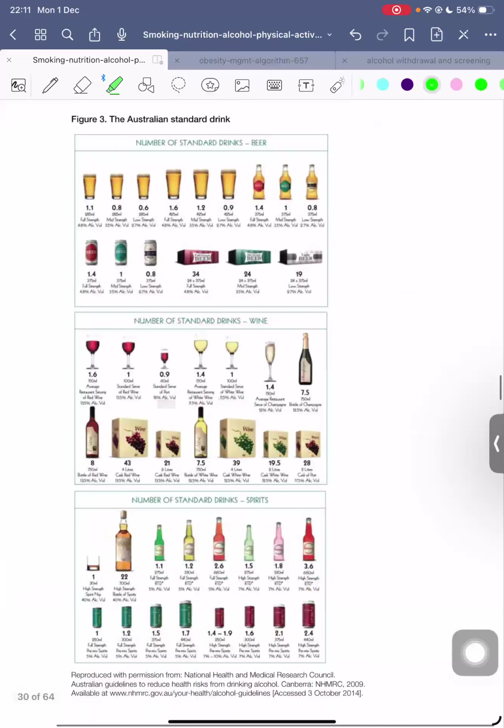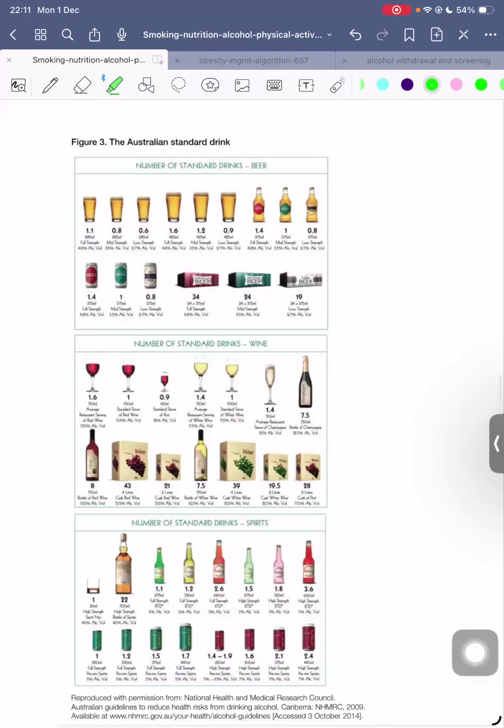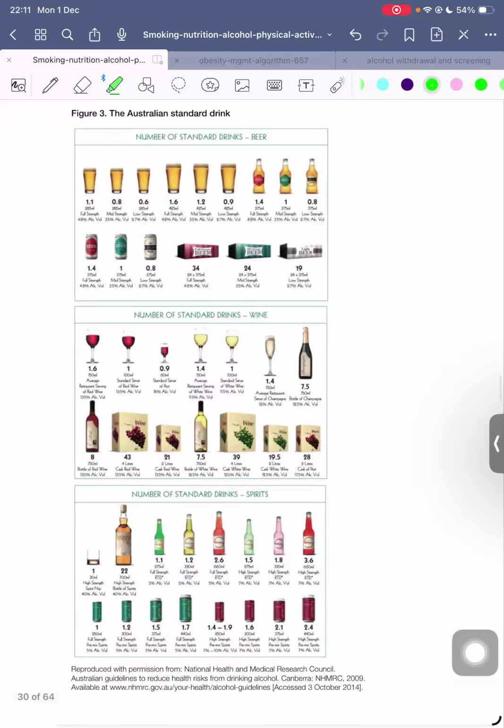So what are the standard drinks per week and per day in healthy adults? You have to remember it.